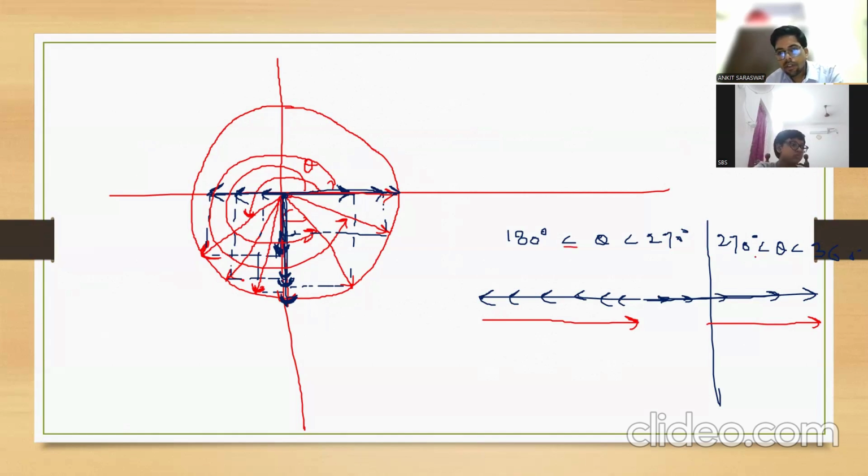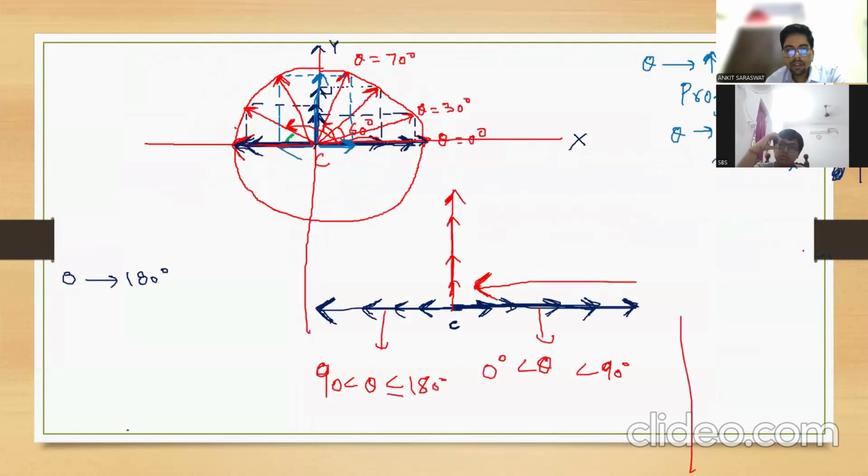Anyway, you need to take all the values. Clear? My concept is if it is more than 90, I have taken 90 here. Okay. So in the second case, just see very, very carefully. If we are going from more than 90 to less than or equal to 180 degrees, then when it is 90, there is no projection on the x-axis. Then the projection is going to increase like this.